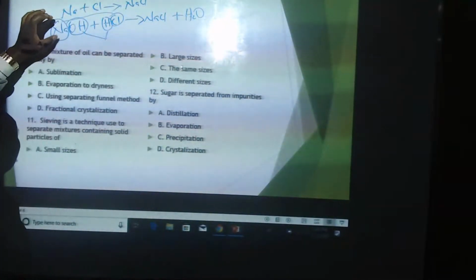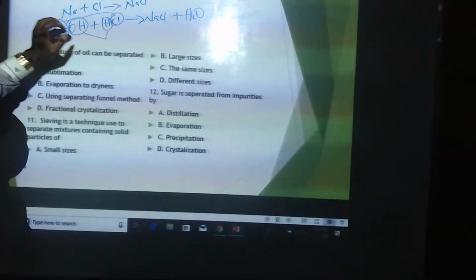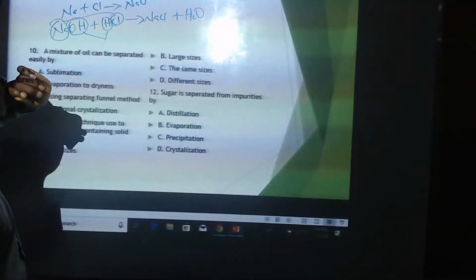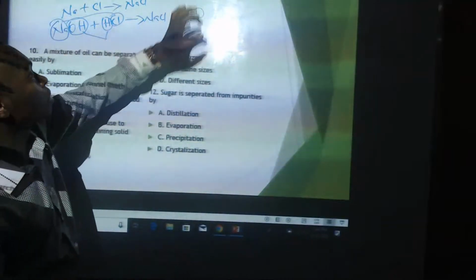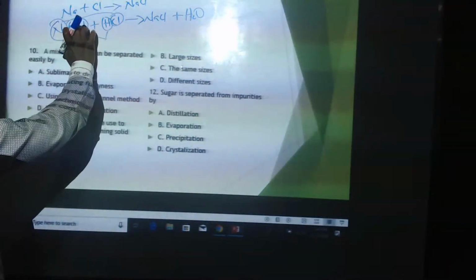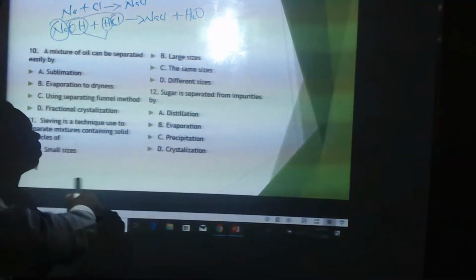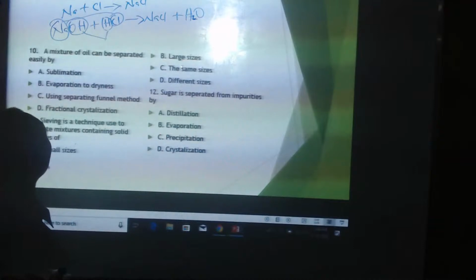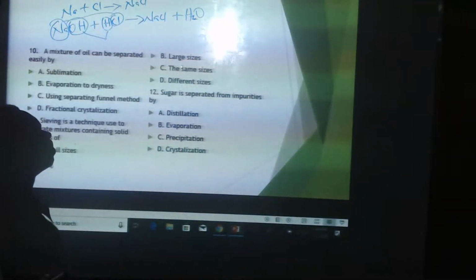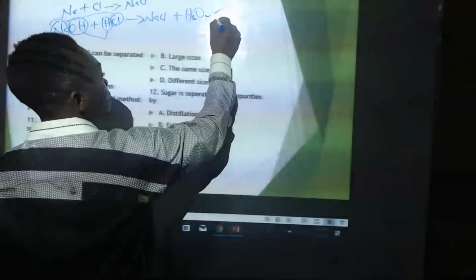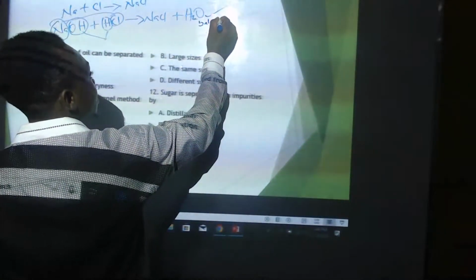You have one atom of sodium here, one atom of sodium here, one atom of oxygen here, one atom of oxygen. You have two atoms of hydrogen, H2 here, H2. You have one atom of chlorine, you have one atom. So this is a balanced equation.